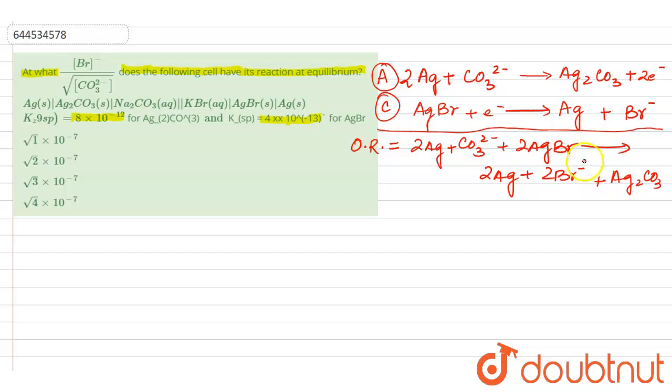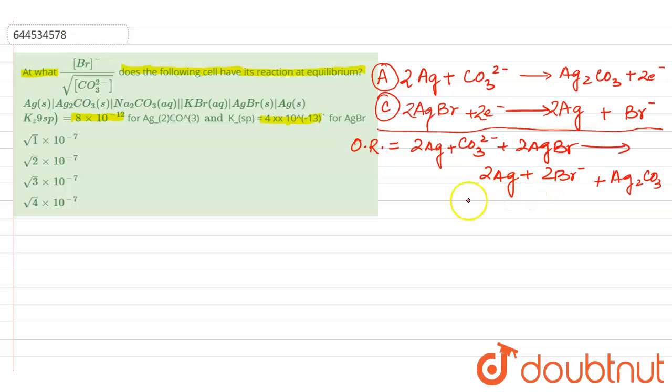Here 2 moles are taken, so 2Ag takes these 2 electrons, and now these 2 electrons cancel out, and this is the balanced equation.